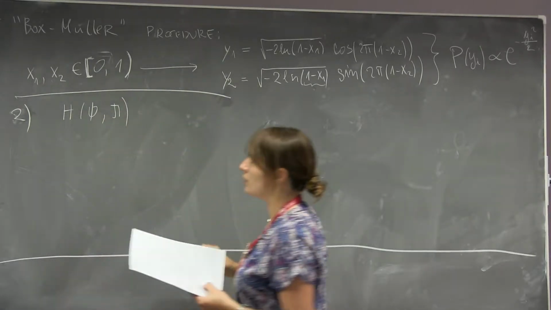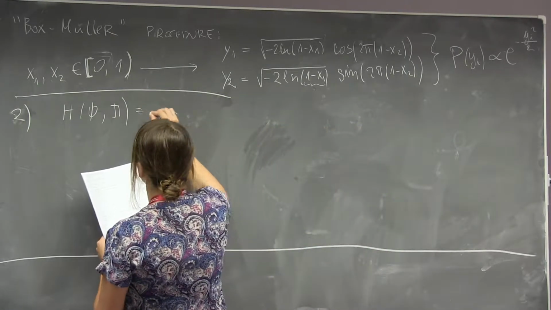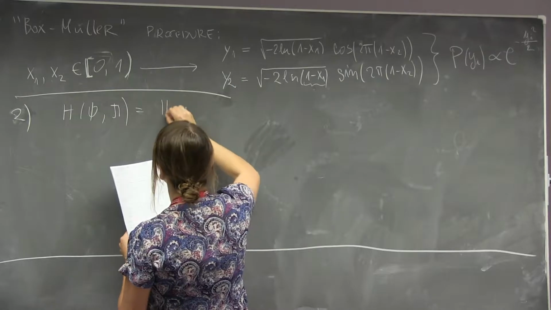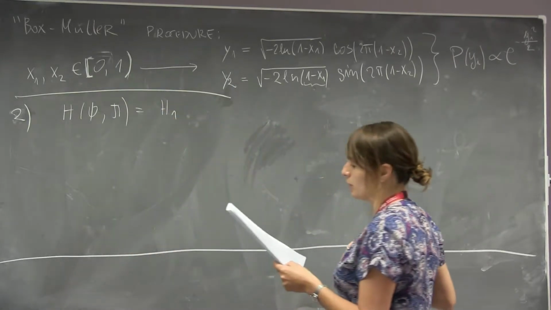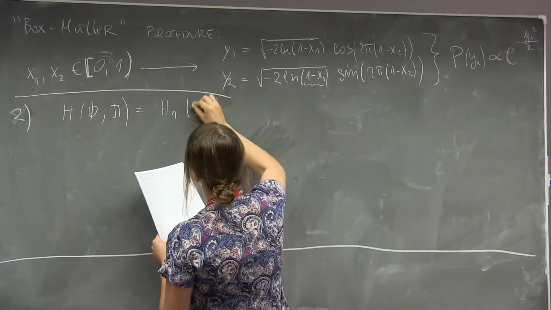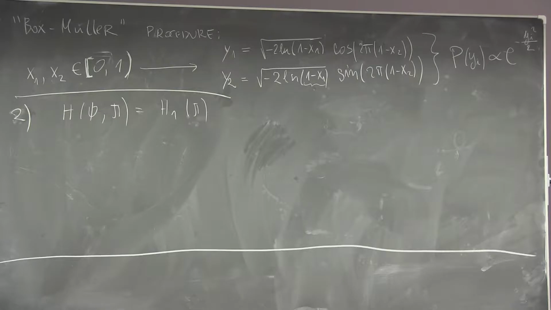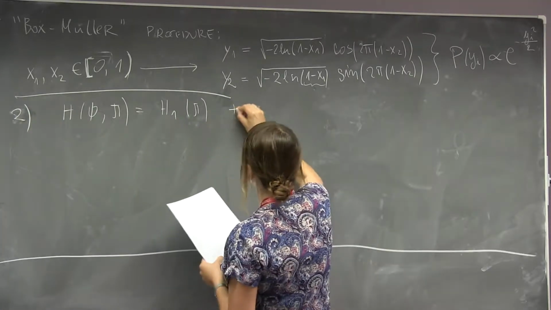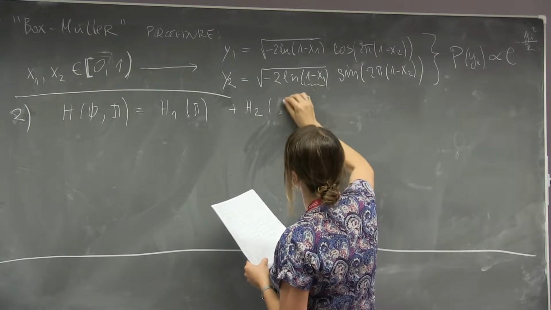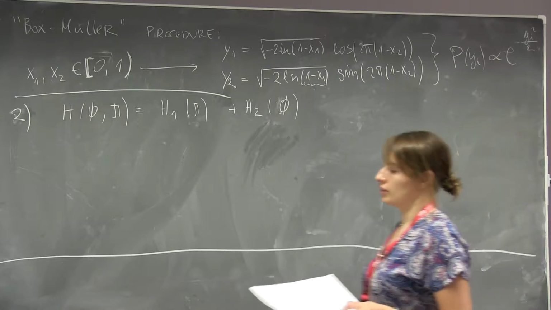But just to explain it on this example of scalar field theories, let's say that we split our Hamiltonian into the part H1, which depends on the momentum field. So let's call this part H1, and the part of the Hamiltonian which we will call H2, which in this case only depends on the scalar field.